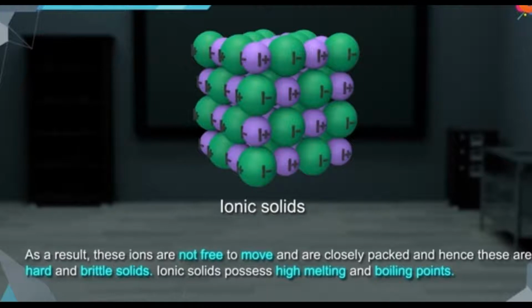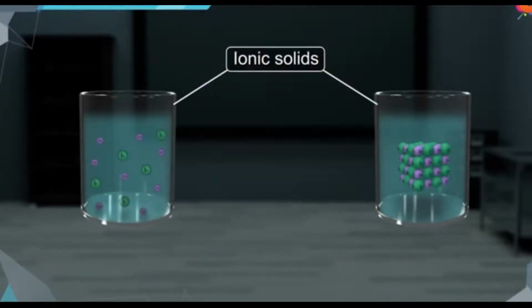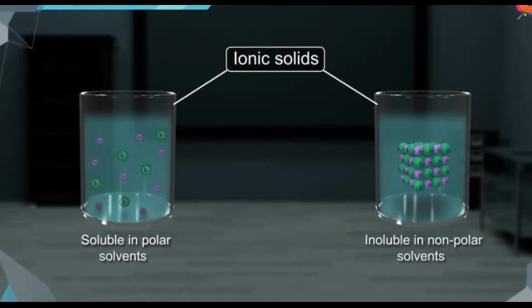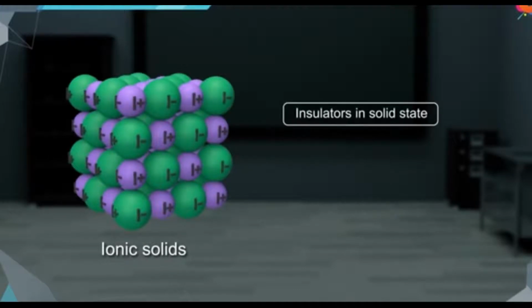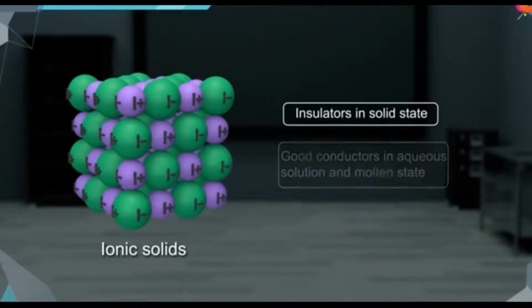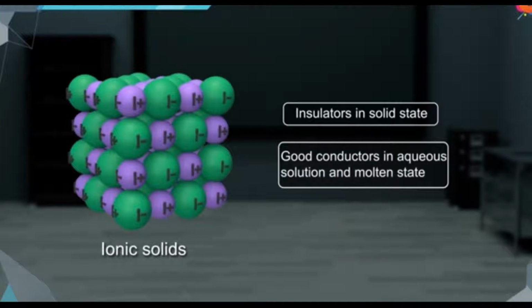Being ionic in nature, these solids are soluble in polar solvents like water, but insoluble in non-polar solvents like ether. Ionic solids act as insulators in solid state, but in aqueous solutions or in molten state, they act as very good conductors of electricity.